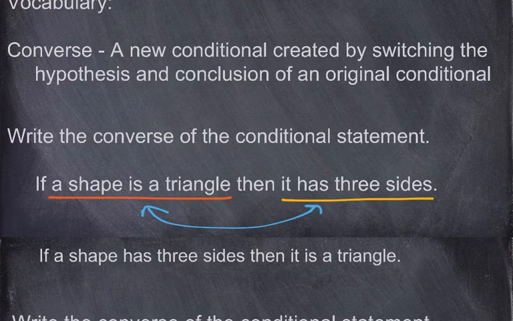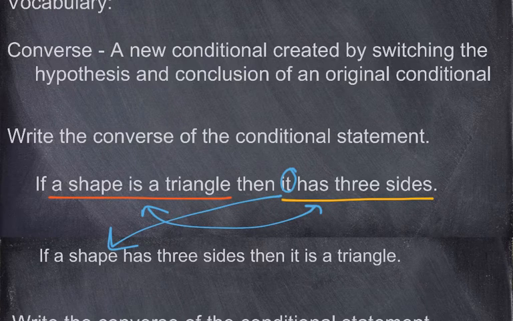Okay? So notice, if I were to just switch it exactly how it's written, it would say, if it has three sides, then a shape is a triangle. Well, when you swap positions, you have to consider what we are talking about when we say it. So we write, it is the shape. So, if a shape has three sides, then it is a triangle. But notice the hypothesis and conclusion are swapped, and again you might have to modify the wording a little bit to make it a logical sentence.